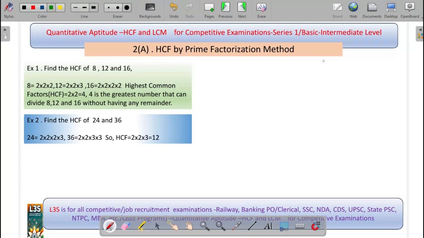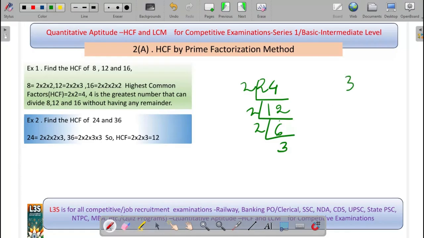Okay, let's see another example, that is 24 and 36. Similarly, for 24 we will find the factors: 12, 6, 2 into 3.